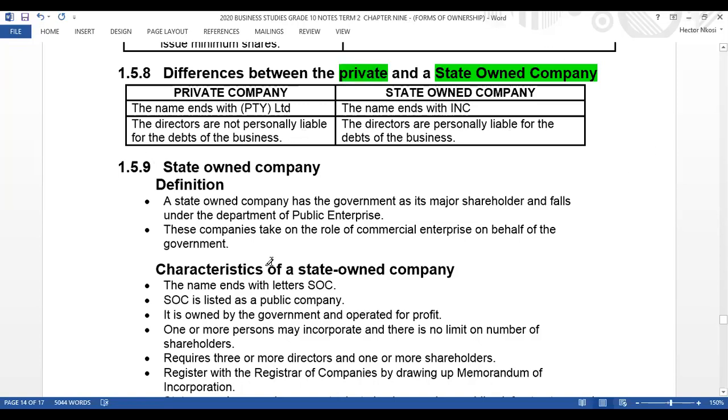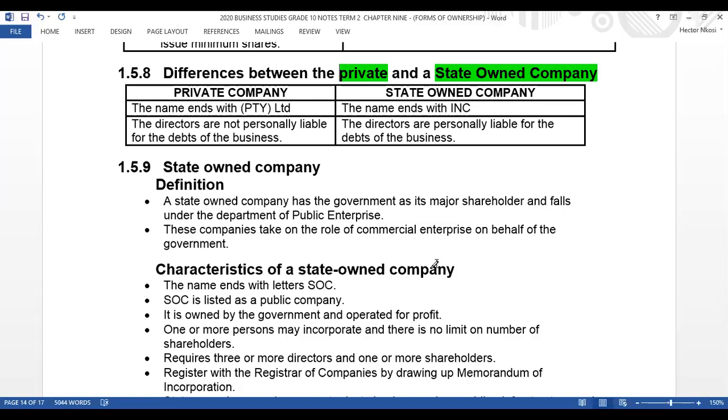And guys, please note that in your assessment on Thursday, or the one that will be loaded soon, I'll be asking on the state-owned company. And that's our focus for today. You need to be able to understand your state-owned company: its definition, its characteristics, its advantages, disadvantages, because when we're marking on Thursday, you need to see where you went wrong, right?